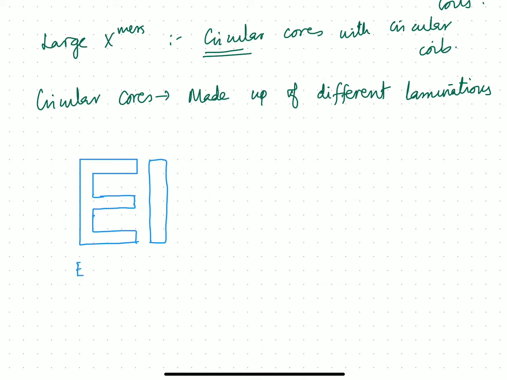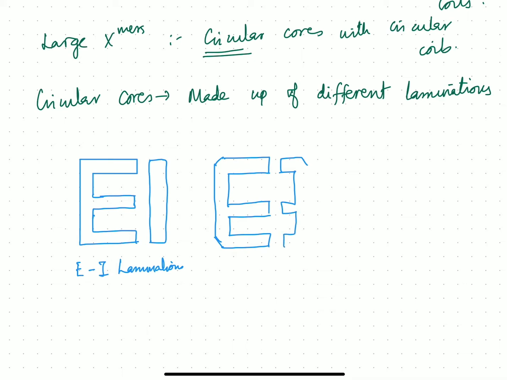This is the EI laminations. Then there are the EE laminations. They are usually used for shell type.